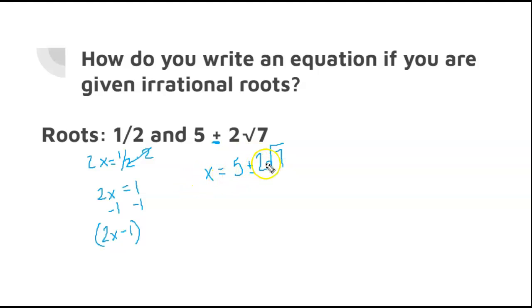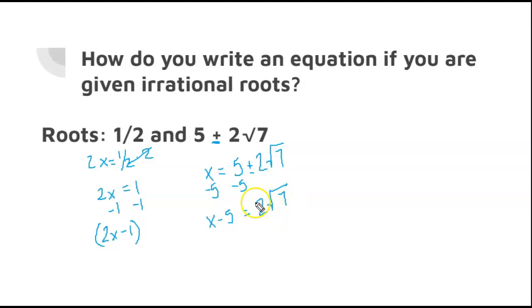So again, I can't square this side while it still has the 5. It's a binomial. So I want to subtract the 5 and move it over with the x. So now I have x minus 5 equals 2 square root of 7. We know it's plus or minus, but we also know we're going to square it and get rid of the sign anyway, so I just stopped writing it.